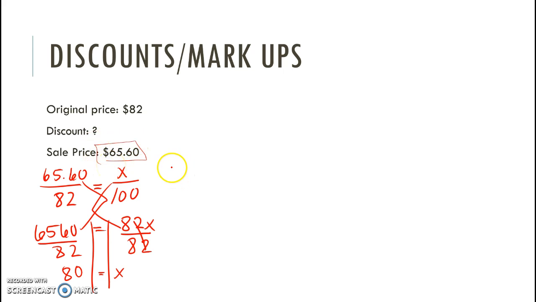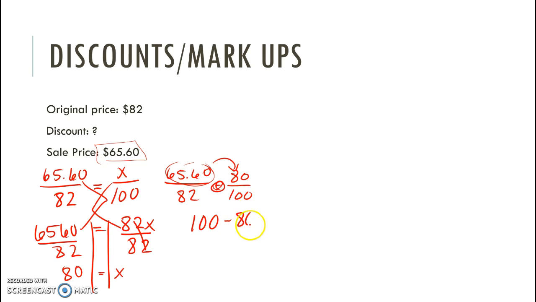So if we reset that up, 65.60 over 82 is equal to 80 over 100. We're saying that that $65.60 is the same thing, is equal to the 80%. So that means our discount, if we take 100 and subtract 80, we get 20%.